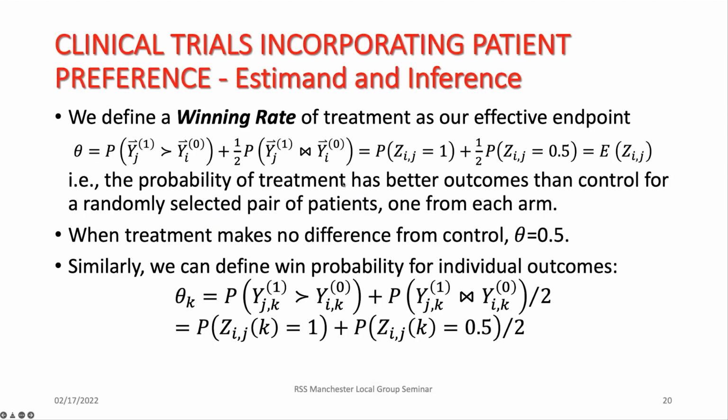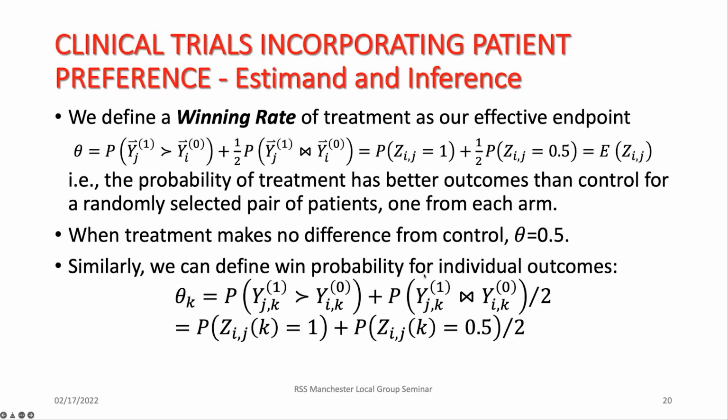If treatment works better, we expect the winning probability to be higher than 0.5. Otherwise, it will be less. This idea was proposed in 2016 or 2017 by Evans and a co-worker, called the DOOR, degree of desirability of outcome ranking. That's the DOOR approach, which is being more widely adopted in the clinical trial community.